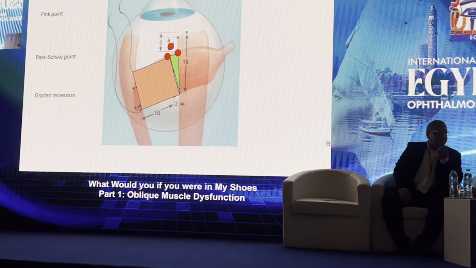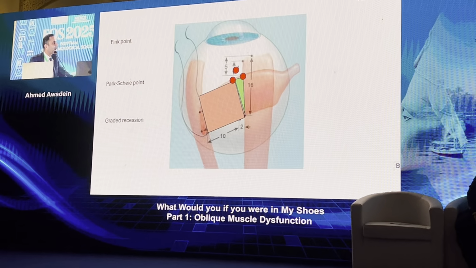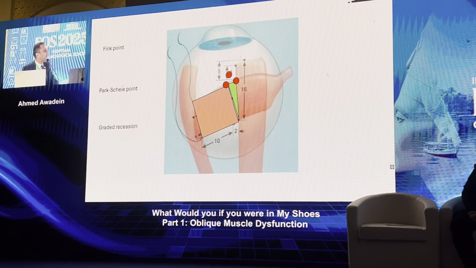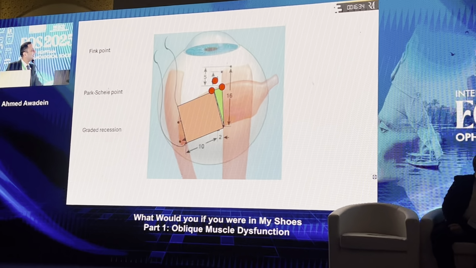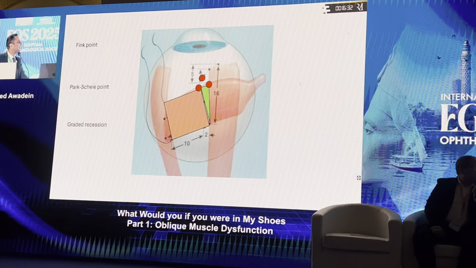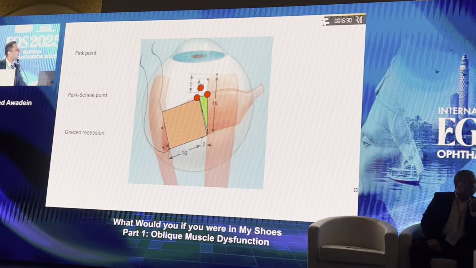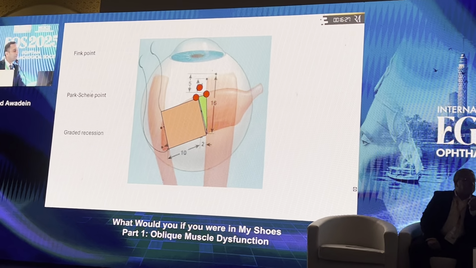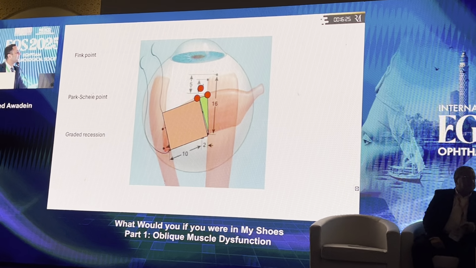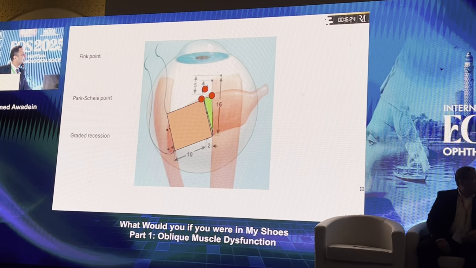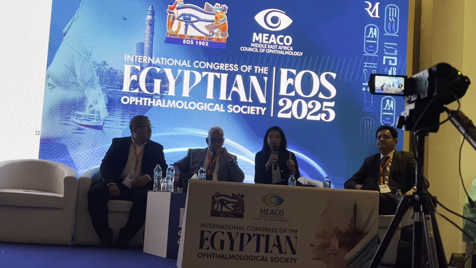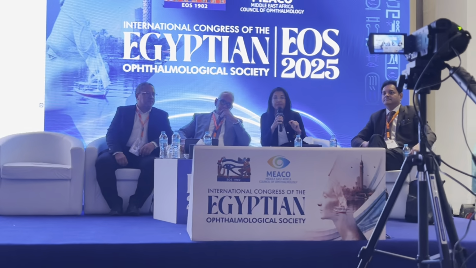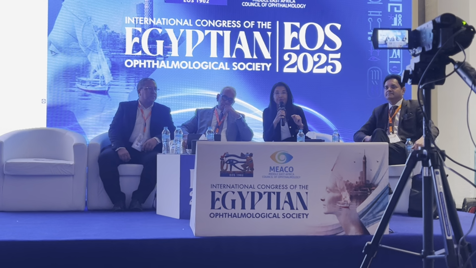Dr. Hel, where are you going to put your suture? I know that you're going to do a recession for sure. I don't do myectomies, and we always have this fight about doing myectomies. I don't like to do away with the muscle, and I don't like to do surgery that is not controlled and not reversible. So when you have 15 prism diopters of hypertropia in primary position, you know that you need only one muscle to correct this hyperdeviation, and an inferior oblique recession would do very well.